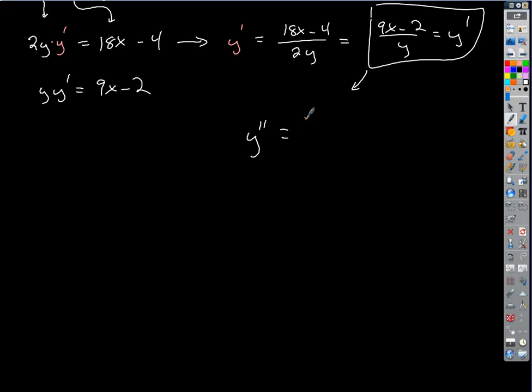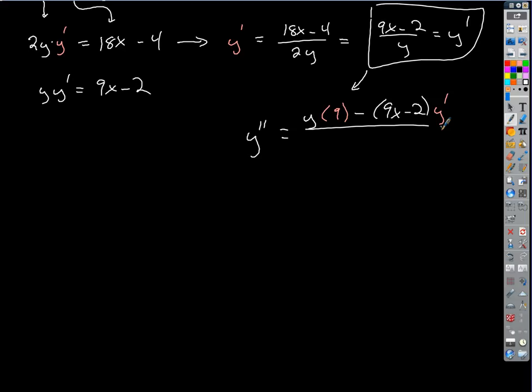Low D high, good, so I've got y times the derivative of the top, which is 9, good, minus 9x minus 2, there's my high, D low, good, over y, yeah. And what are we going to do?